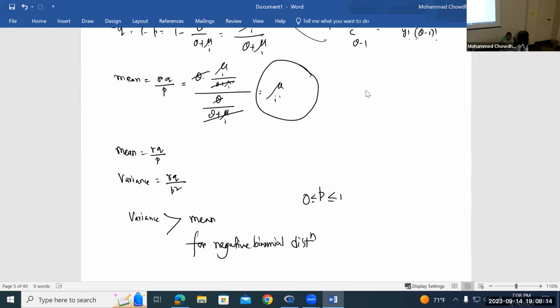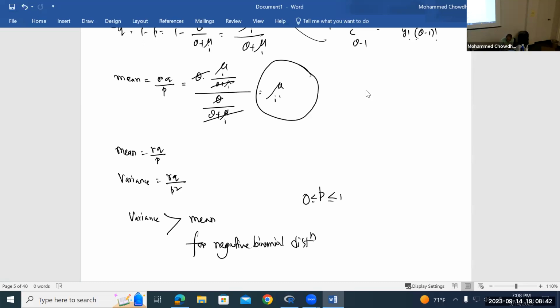We also have to find the analytical format of the variance, and we have to prove that variance is greater than this mu. We have to also convince that the variance of the new negative binomial distribution must be greater than the mean.